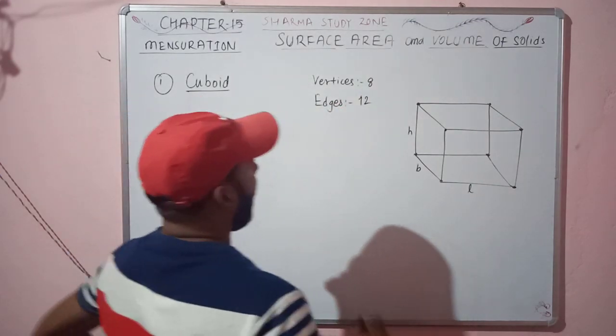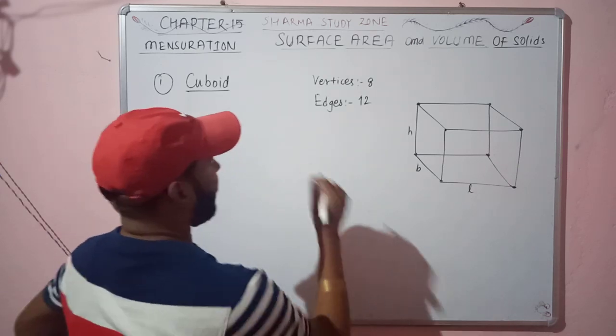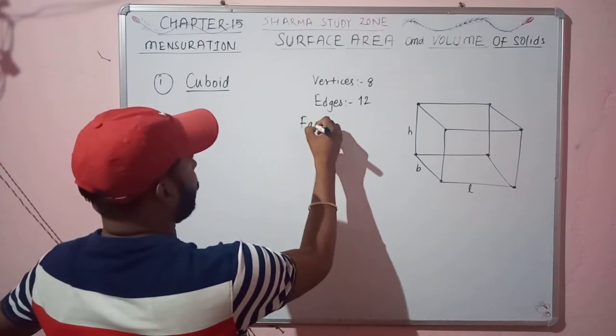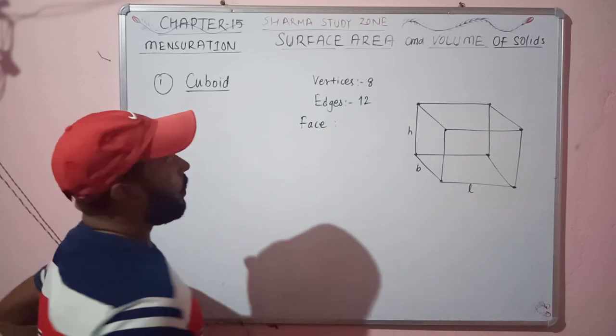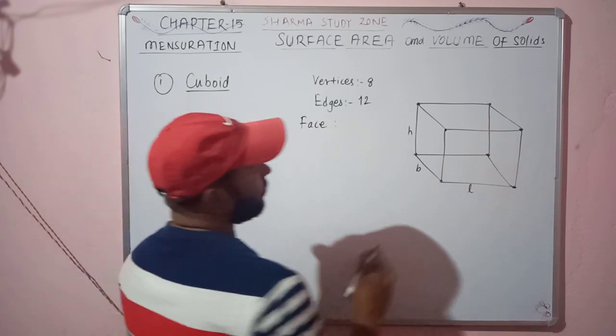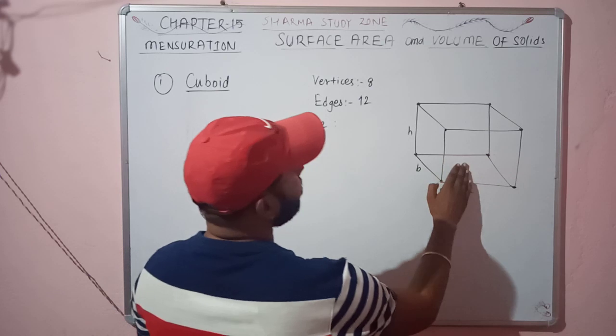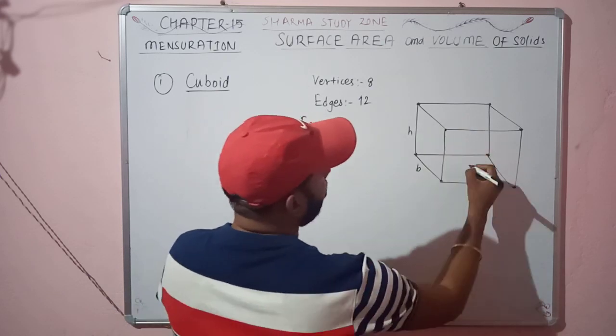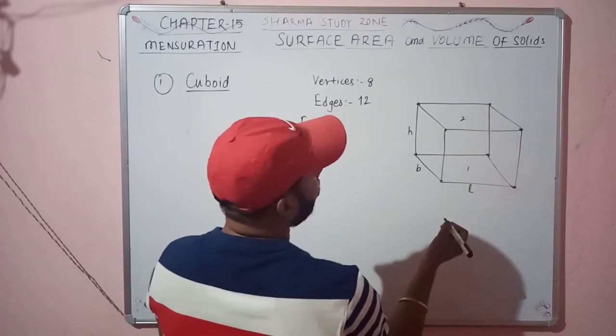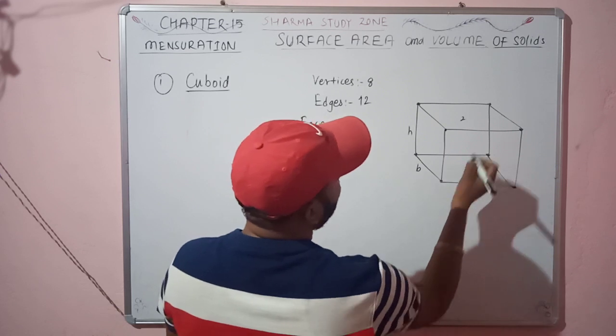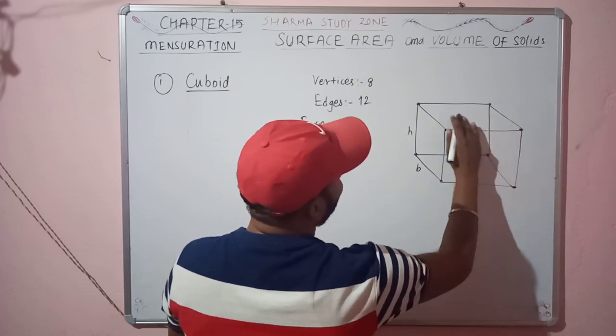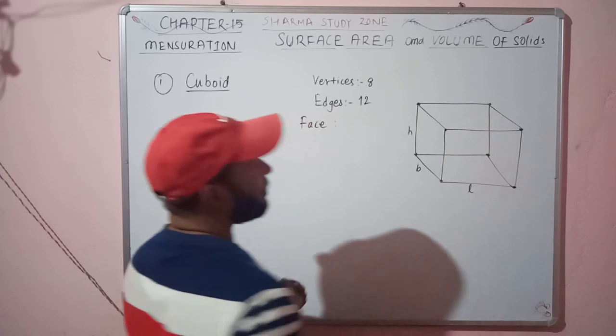Similarly, how many surfaces are there, which we call faces? Sorry, I am not writing, it will be confusing.